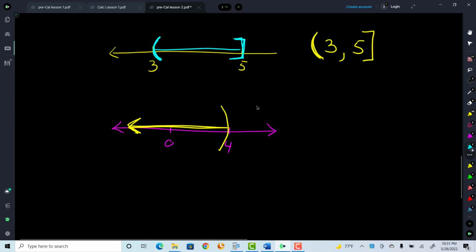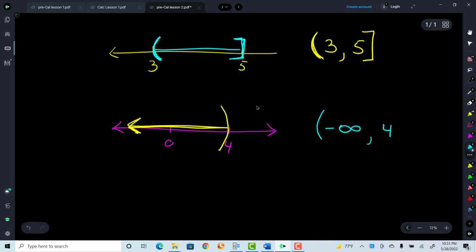Well, it's actually pretty easy when you look at the bracket and the arrows. We're going to go from negative infinity, because it's going from 4 and then everything below it, comma 4. I do not include the 4, so I'm going to use a parenthesis. So everything from 4 and below.